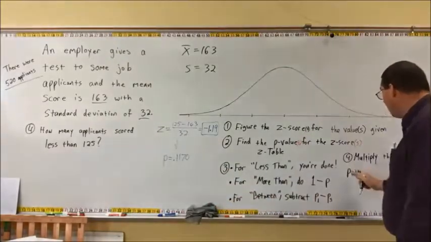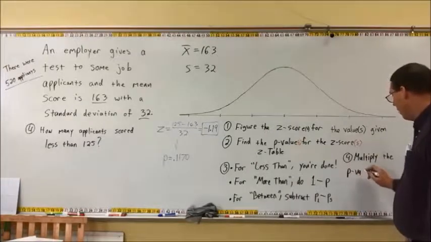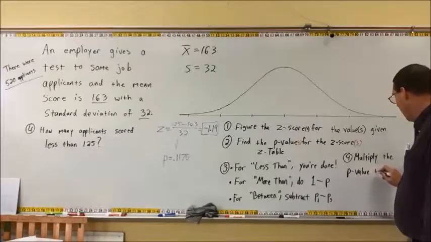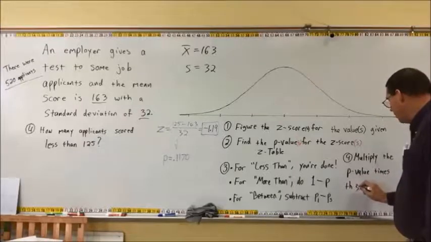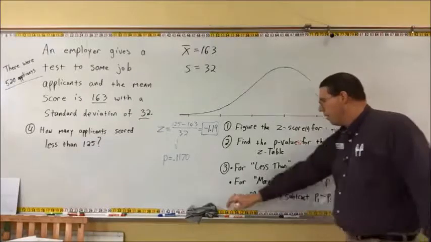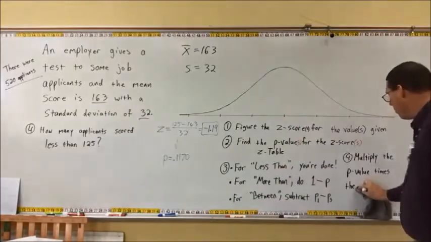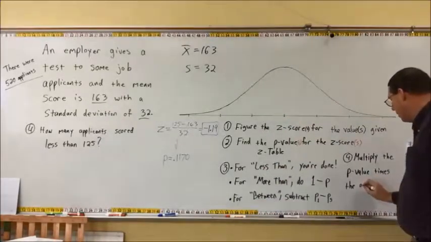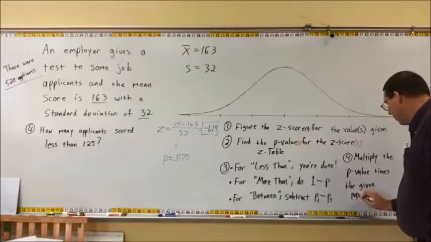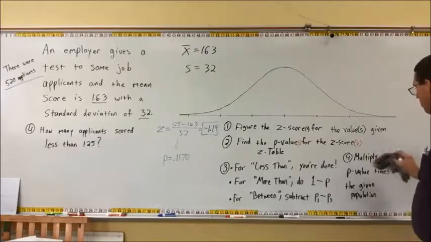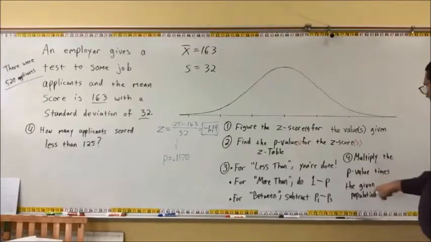So your final p-value, you've got to multiply times the given population, meaning whatever number you were told was in the population. And that's the only extra step here.